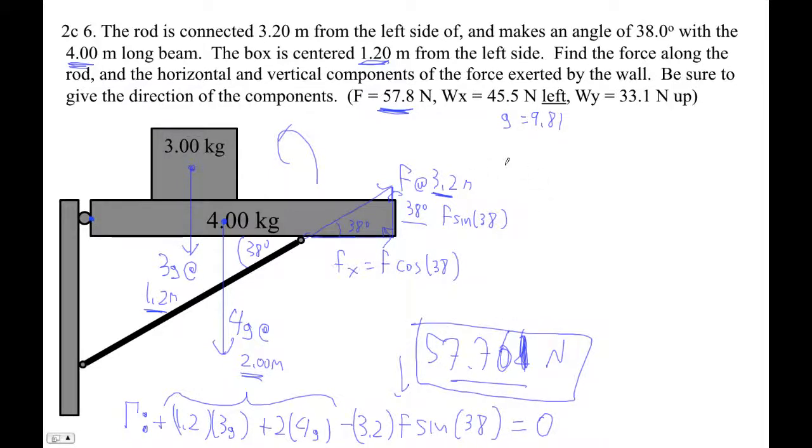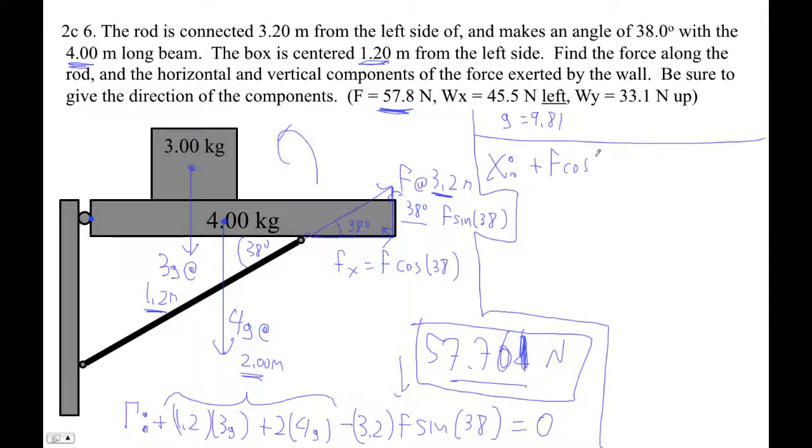Okay. Now let's set up our, need space here. Whoa, we're running out of space. Okay, let's set up our x expression. Our x expression says, what do we have? We've got this guy, right? We've got positive force in the x direction, so positive F cos theta, and then we've got the wall here. The wall has a force that is up, right?